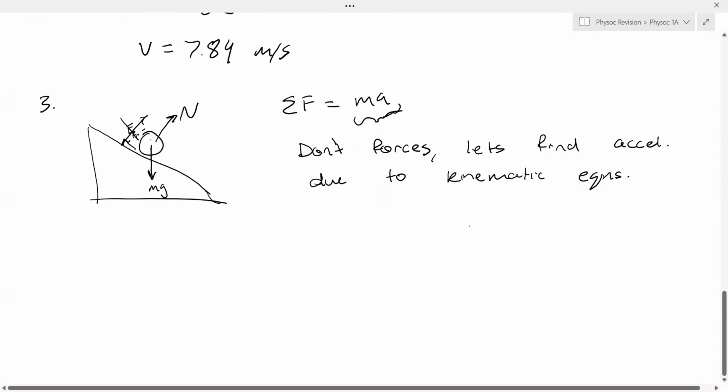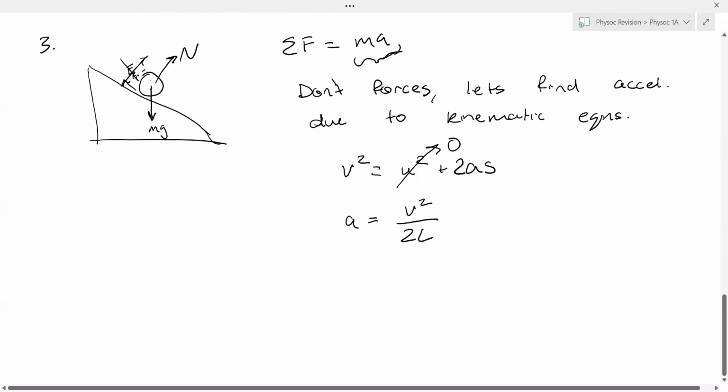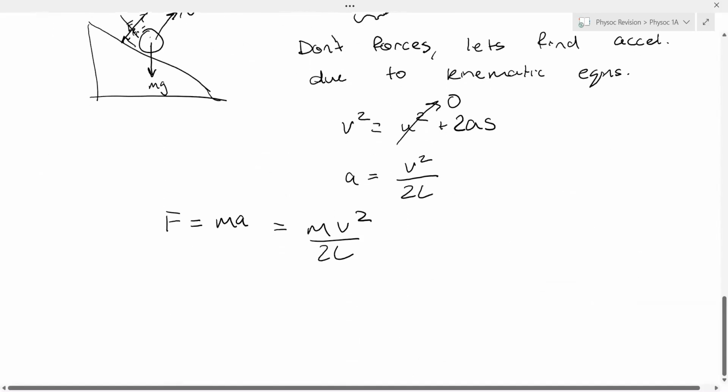It's just going to be v squared is equal to u squared plus 2as. We know it started from rest, so u is 0. So our acceleration is equal to v squared over 2L. And our force is, of course, equal to mass times acceleration, so it's going to be mass times v squared over 2L. And we'll put in our term for v squared that we had before.